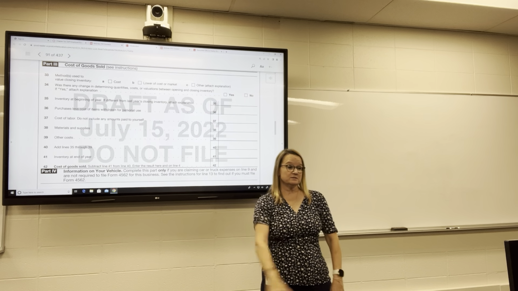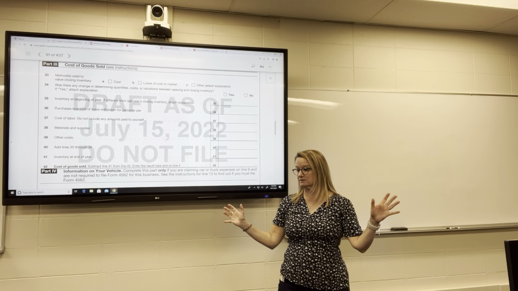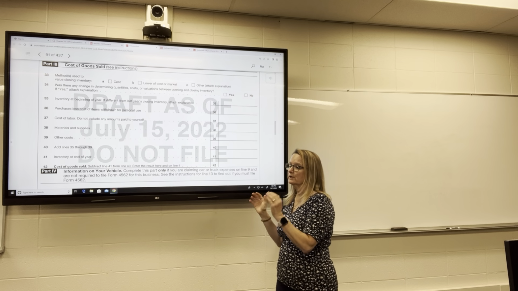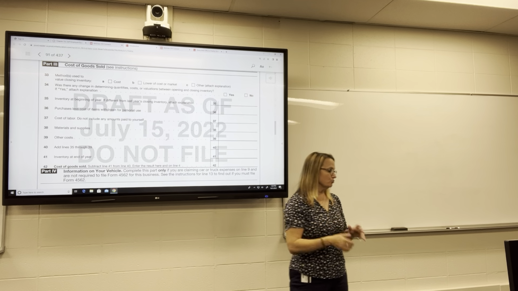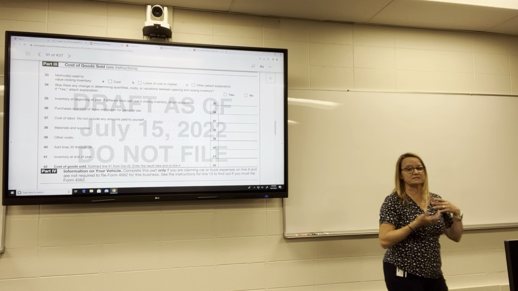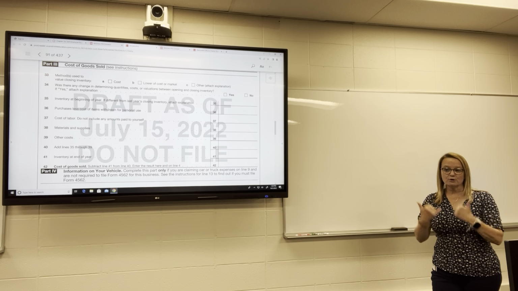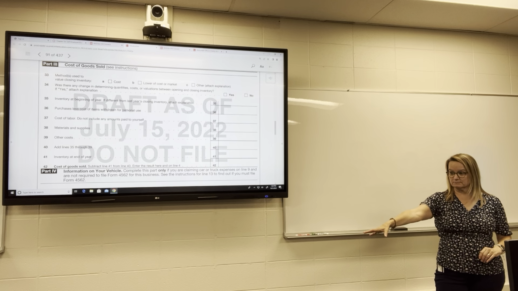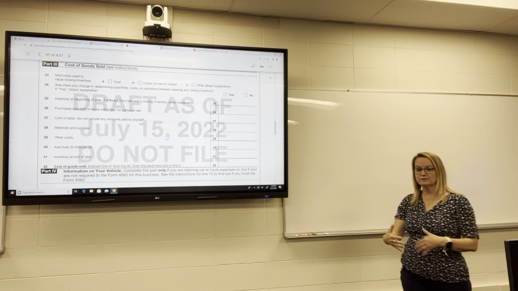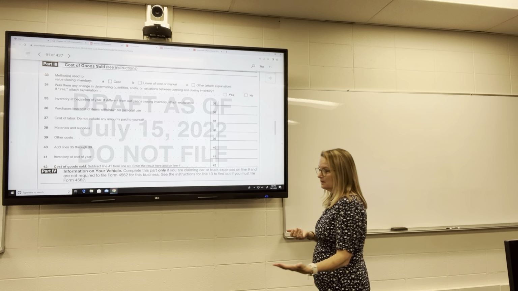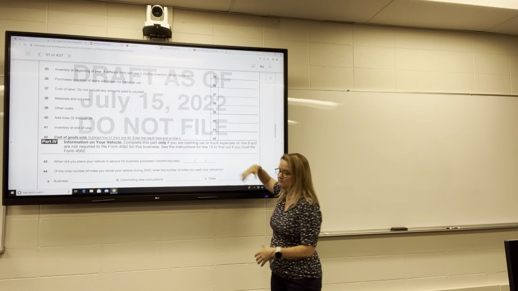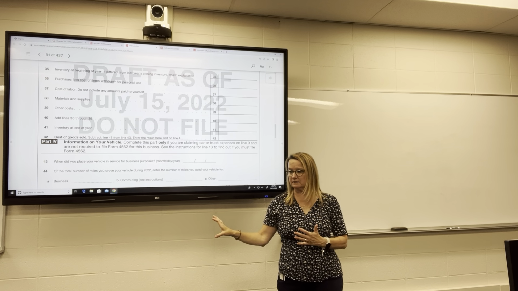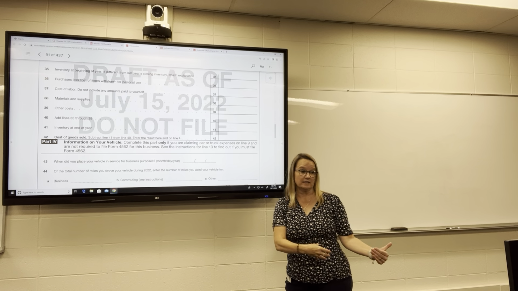All the other expenses are on a cash basis, but the inventory is accounted for on an accrual basis, which means you don't get to expense all of the purchases that you make until you actually sell those items, right? Whether you're manufacturing or whether you're reselling. So you can't just buy a bunch of inventory and then expense it immediately. You've got to wait until you actually sell it.